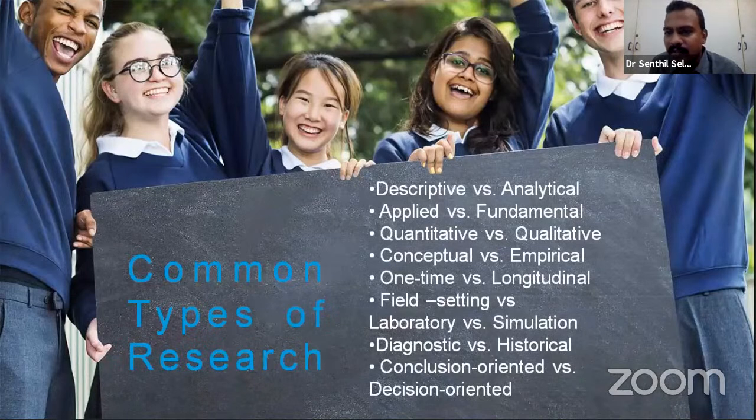Descriptive versus analytical. Descriptive. Actually, I have given this as one of the objectives of the study. Descriptive, it is just portraying a character, as I already told you. What you are observing, what you are seeing, what you are perceiving, and writing the report, it is called as the descriptive.